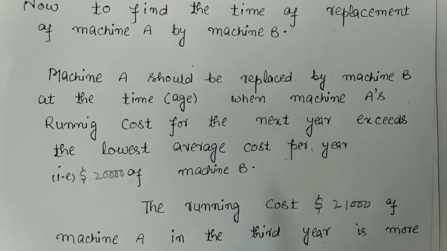It means that machine A should be replaced when the running cost for the next year becomes more than the lowest average cost per year of machine B, which is 20,000.